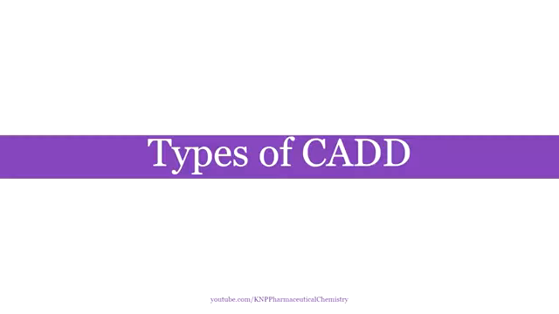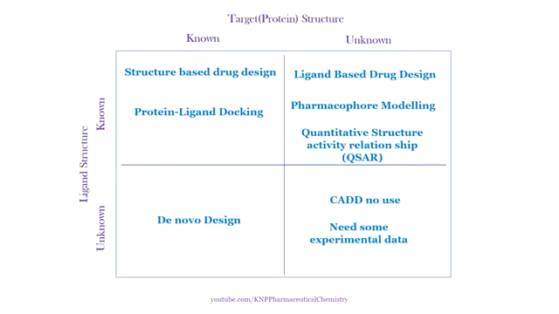Now let us see the types of computer aided drug design. These are four different categories or types, which we can classify based upon the information we have. Basically, to perform computer aided drug design, one needs two types of information: information about the target structure, that is the protein structure, and information about the ligand structure.